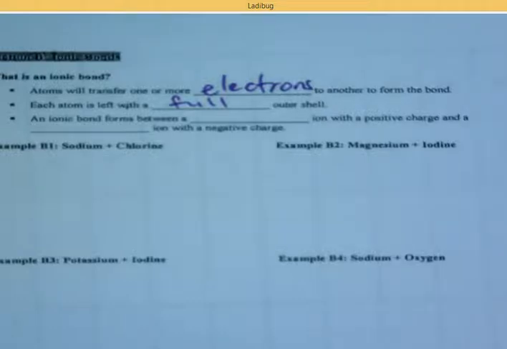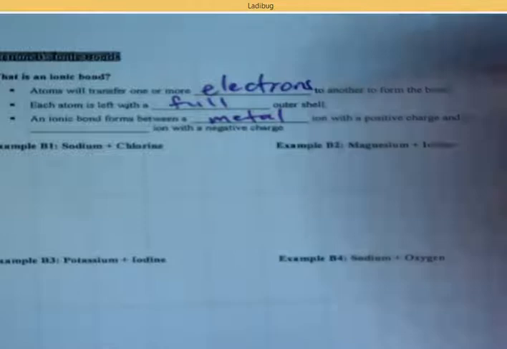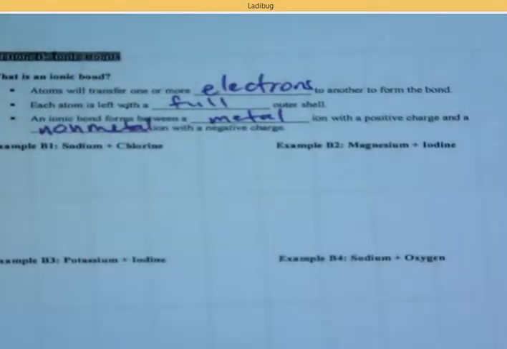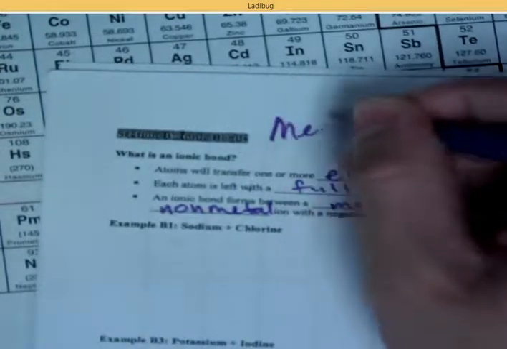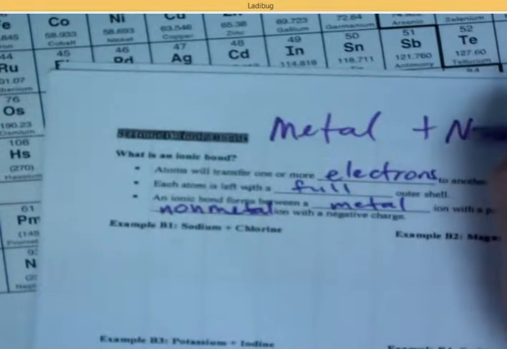An ionic bond forms between a metal ion and a non-metal ion with a negative charge. So you will see, ladies and gentlemen, the key to ionic bond is metal plus non-metal.